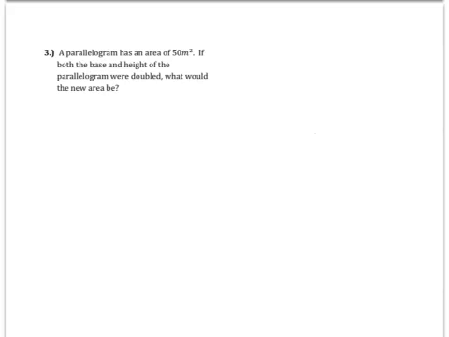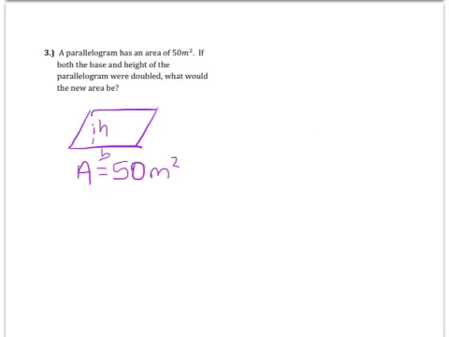Okay, number 3, we're told that the area of a parallelogram is 50 meters squared. Okay, so we know that the base times the height would give us 50. So we know base times height gives us 50 meters squared.